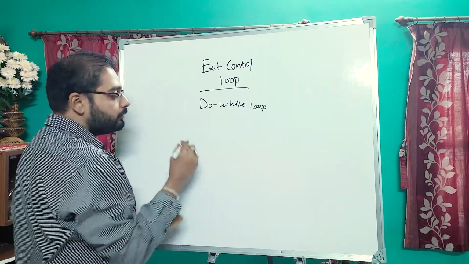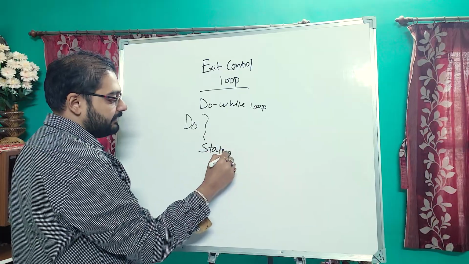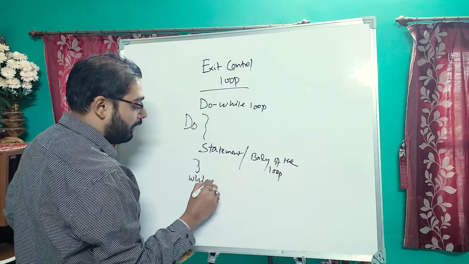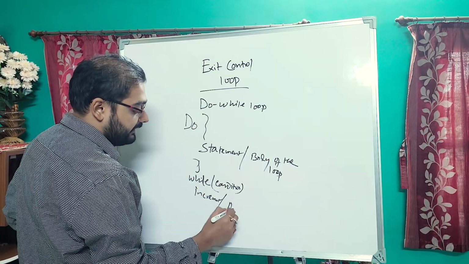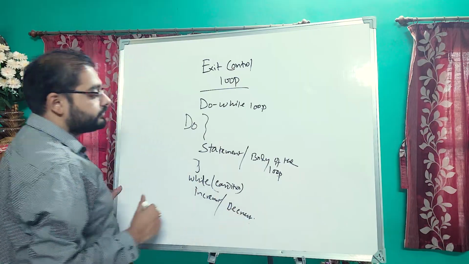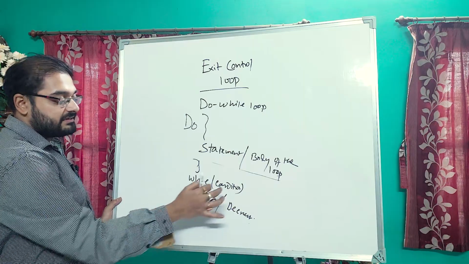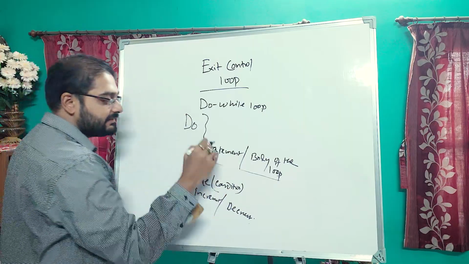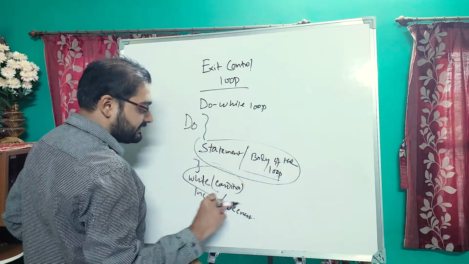The structure of do while loop: do, then here the statement or the body of the loop, here while condition, then increment/decrement. Okay, so here the statement comes first, then the condition here. So this is called the exit control loop. Exit control loop means here the statement comes first, then the condition comes.